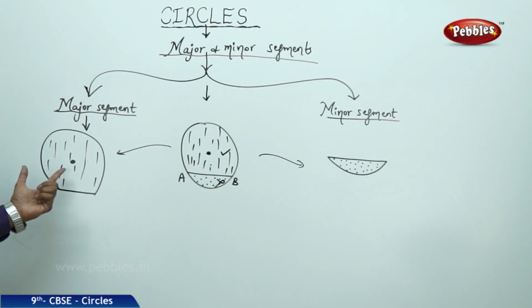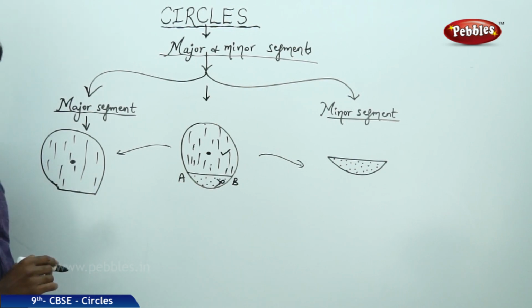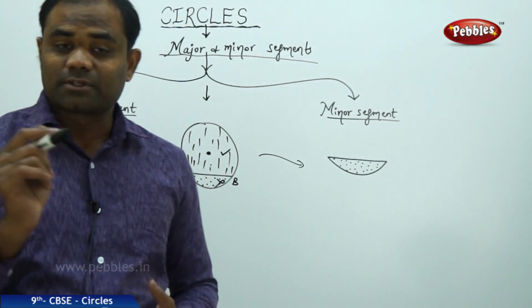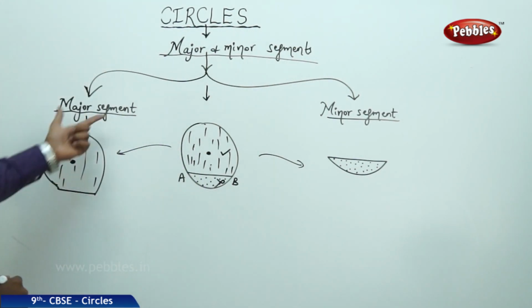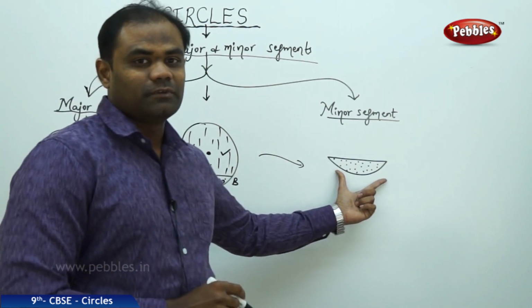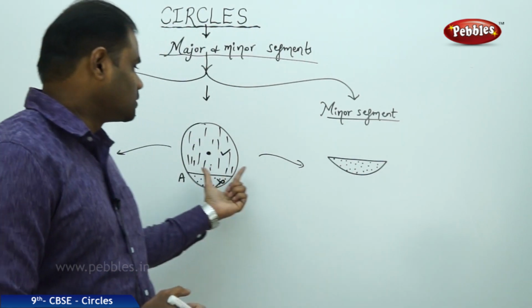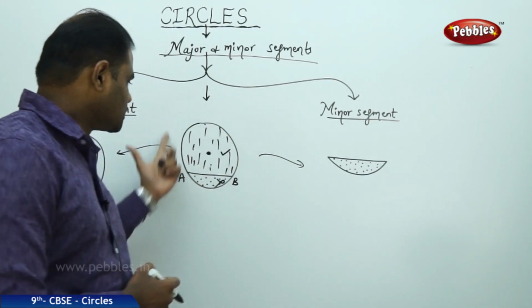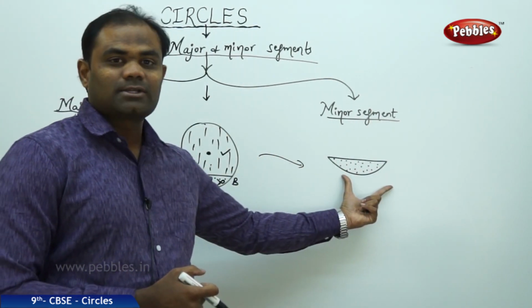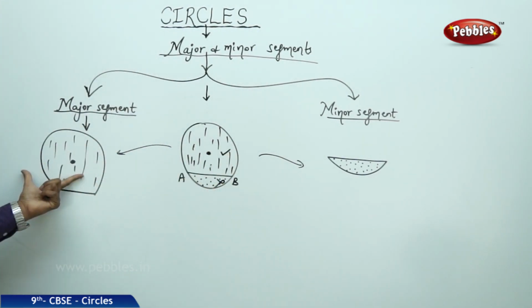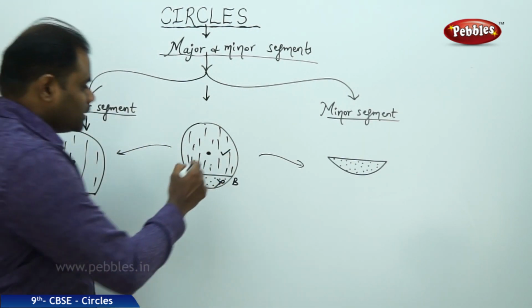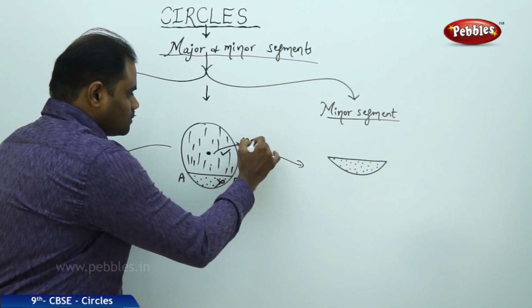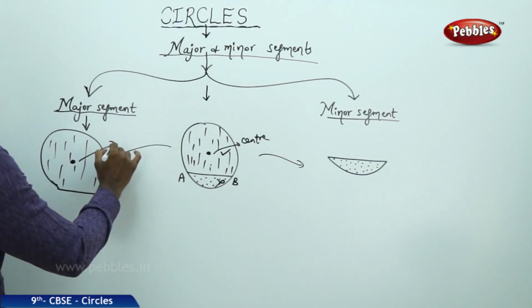The segment which has the center of the circle involved is called the major segment, and the segment which does not have the center involved is called the minor segment. So for this circle, this part is called the minor segment and this part is called the major segment because it has the center.